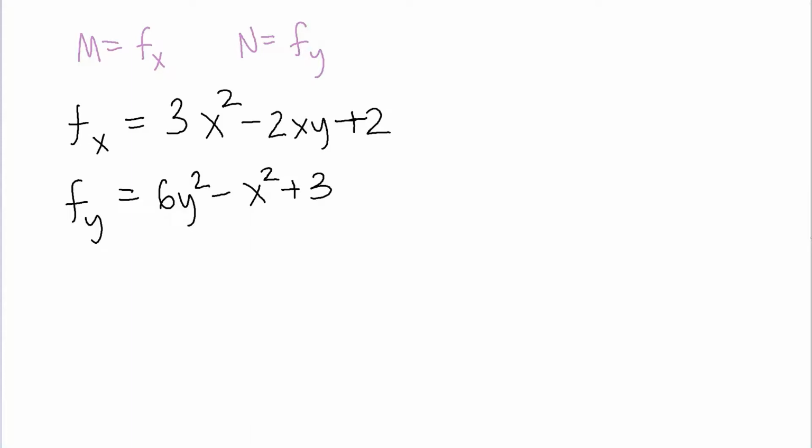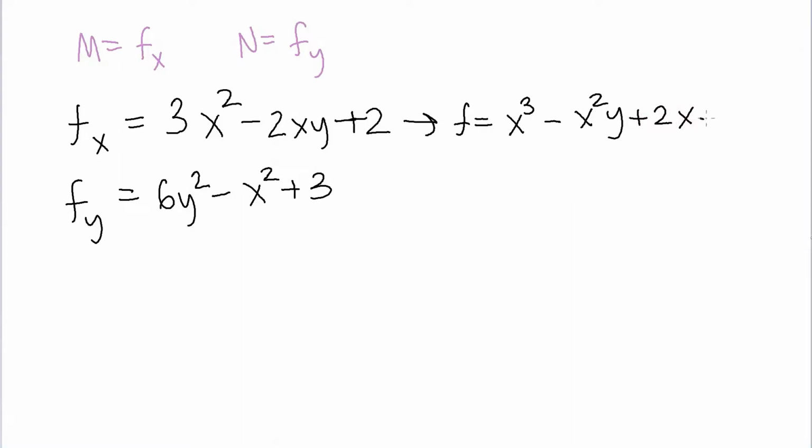The way to do that is just to integrate each of these, and it's kind of like a series of integration and derivatives. Once you do multiple of these problems, you'll get the hang of it. But first, you want to take the integral of f_x in terms of x, and you end up getting f equals x cubed minus x squared y plus 2x.